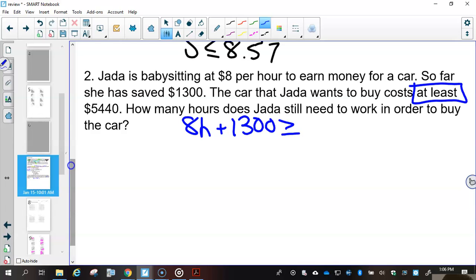That means it could be that amount, but it could be more. And then we could do what? Solve, subtract and divide.